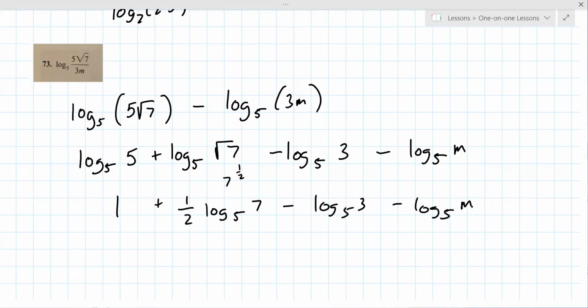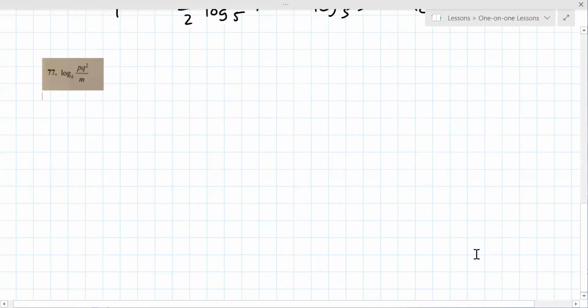On to number 77. It's kind of the same thing again: log base k of p q squared minus log base k of m.